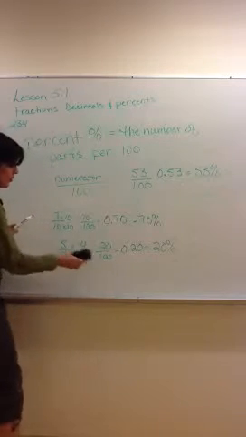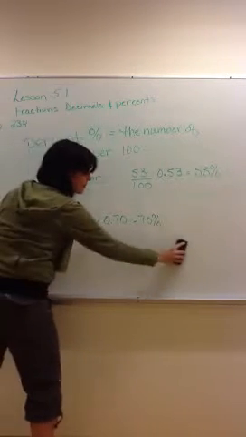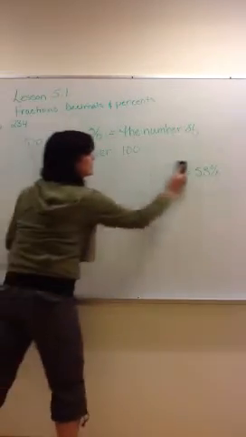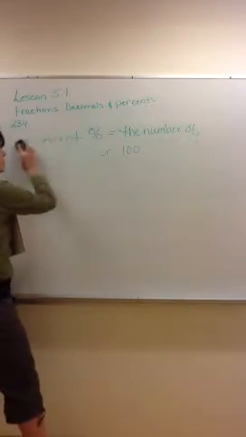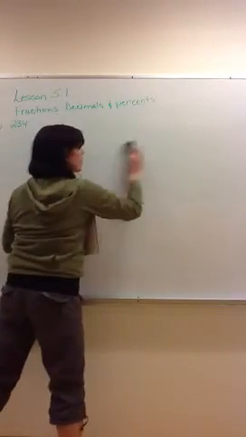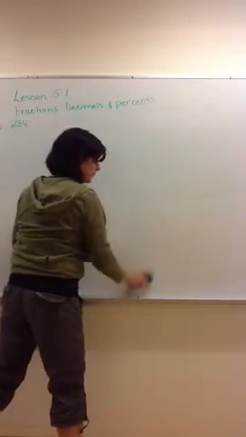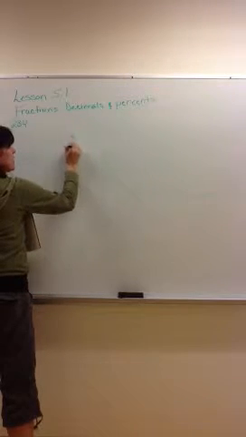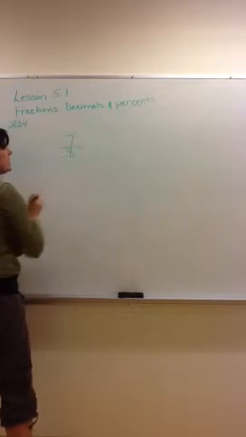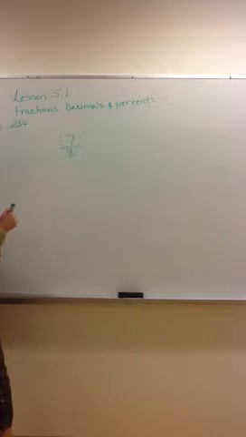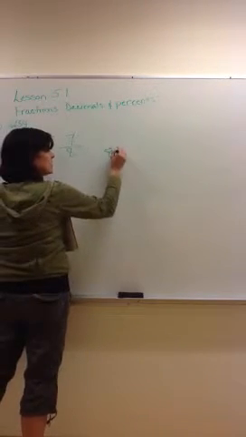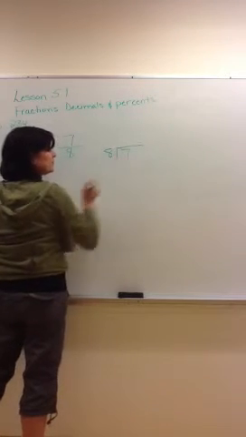Right. Another method to turn a fraction into a percent is simply by dividing. So if you had 7 over 8 and wanted to figure out what that was in a percent, you could just go 8 goes into 7.